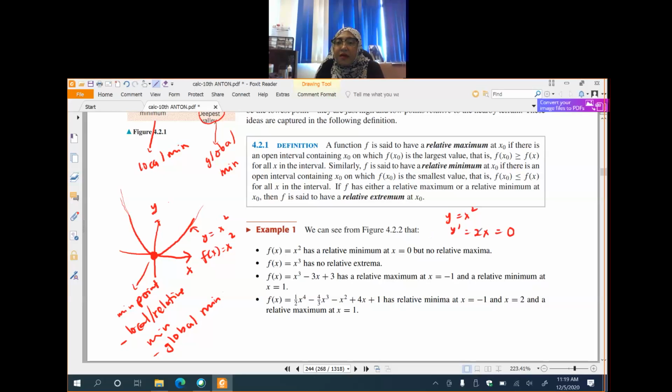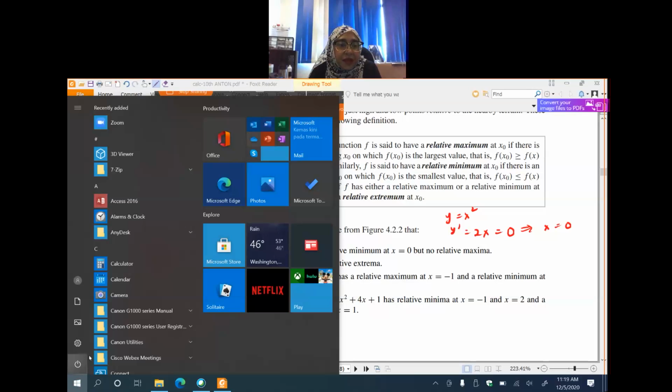So what will be the value of x when 2x equals 0? Obviously when x is equal to 0. And once you know that x equals 0, like what we did last week, we divide into two intervals. I think I need to find the notes.